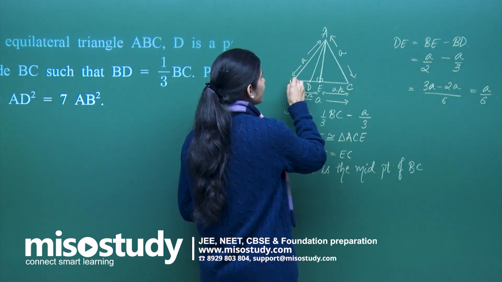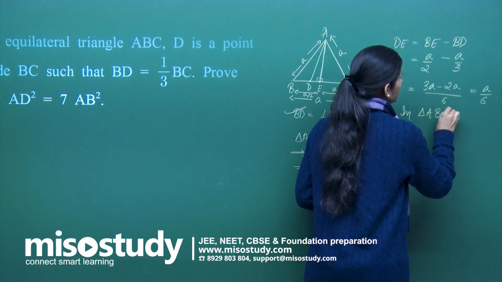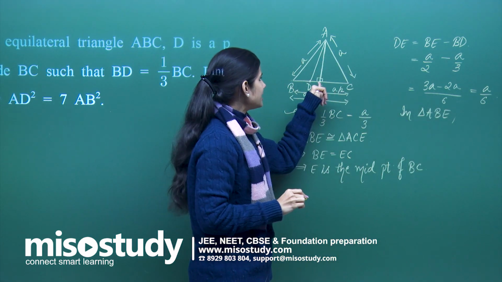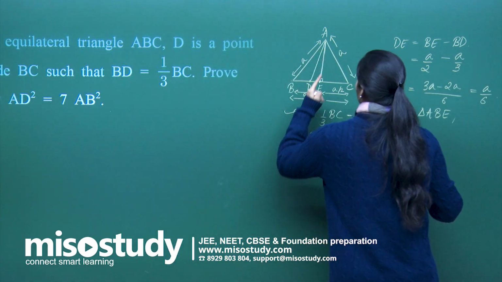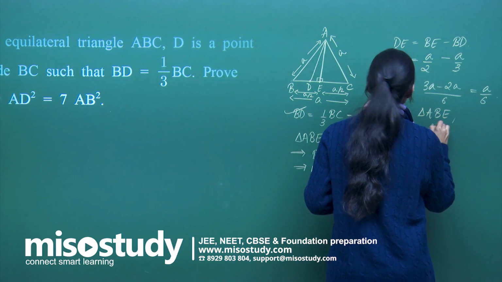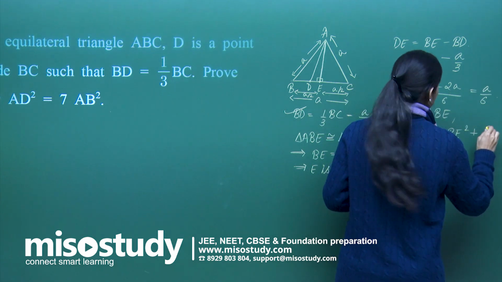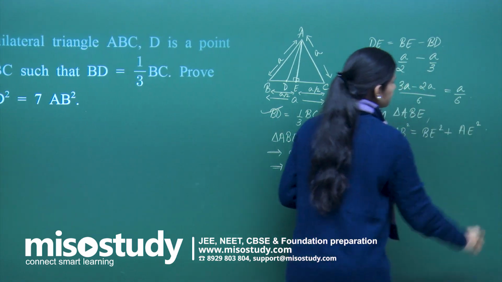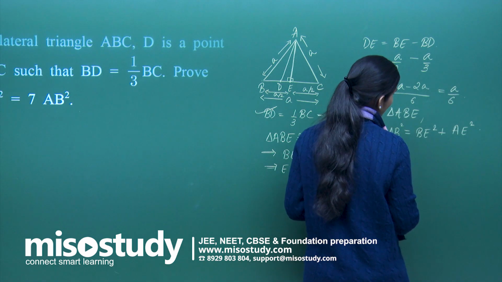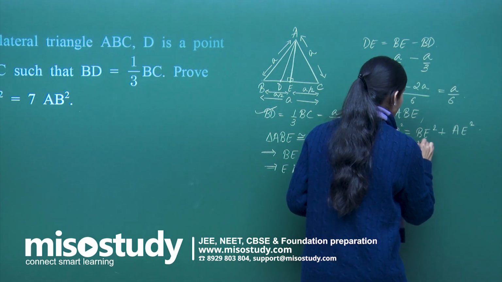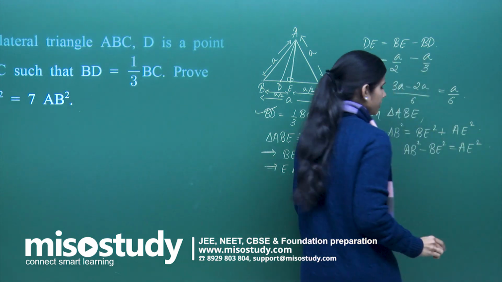Now if you focus in triangle ABE, which is right angled at E, you know hypotenuse square is equal to base square plus perpendicular square. So AB square is equal to BE square plus AE square. I need to compute the length AE, so AB square minus BE square is AE square.